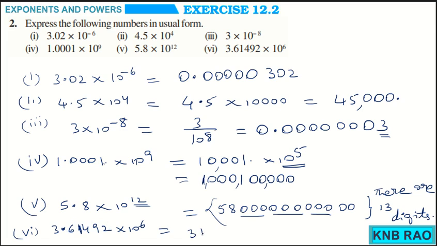So it becomes 3.61492, and we need one more 0. So it becomes 3,614,920. So if you see, there are 7 digits, so the power of 10 is 6.